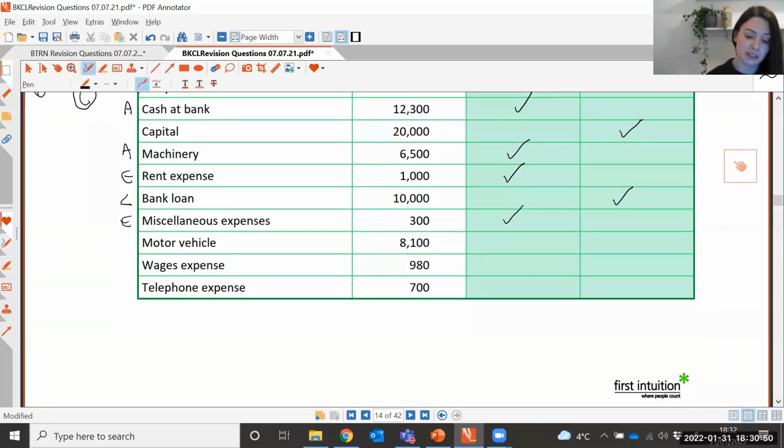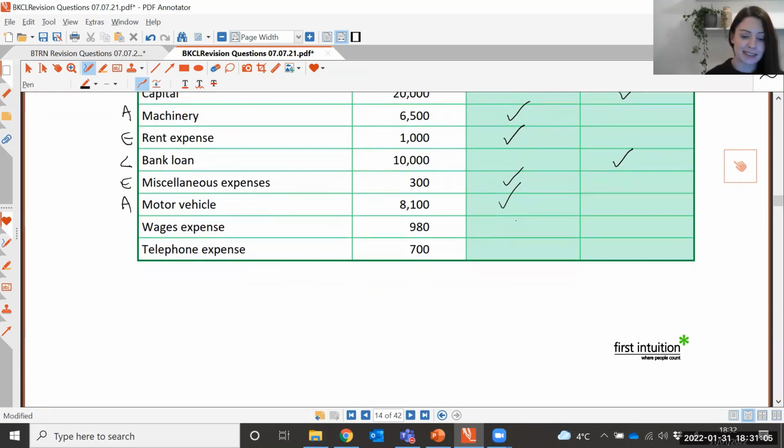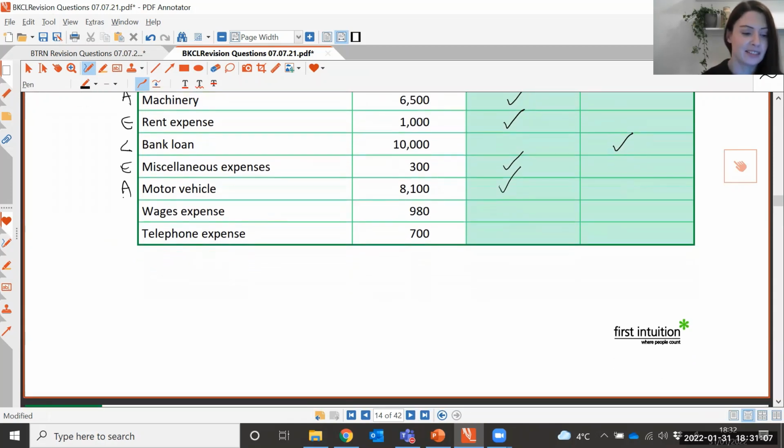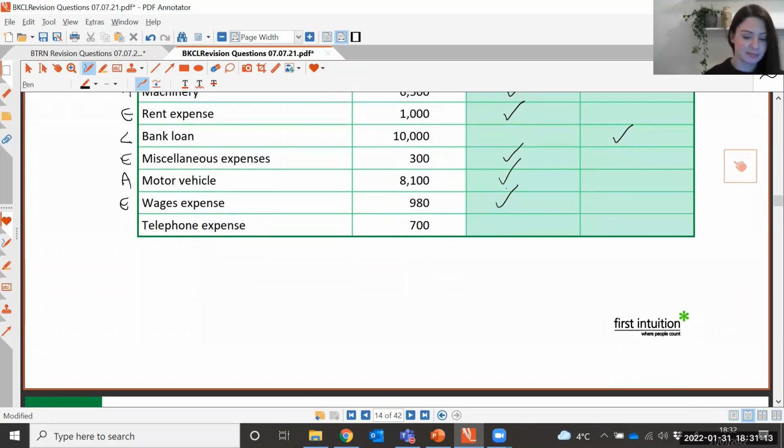Motor vehicle, yeah, good, it's an asset. Yeah, it's a debit, good. Wages expense, it's an expense, debit. Yeah, and lastly, telephone expense. Again, it's an expense, debit. Yeah, brilliant, well done.